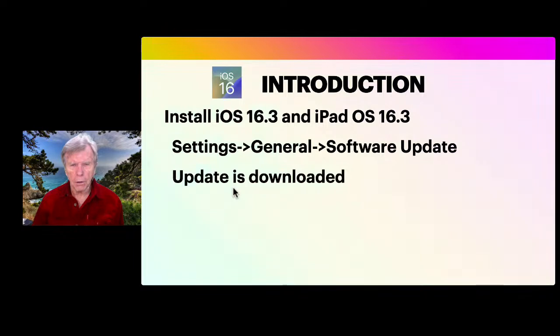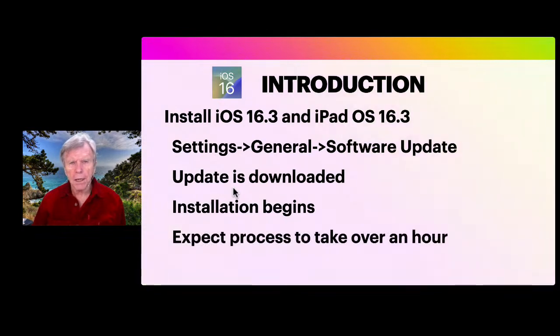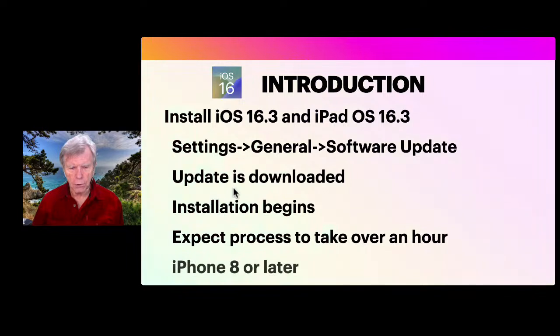The software is downloaded, and then the second part is the actual installation. So plan on this taking about an hour or a little more than an hour. You want to do this at a time where you don't need your iPhone for over an hour. Maybe just before you go to bed would be a good time to do it. And you need to have an iPhone 8 or later to use iOS 16.